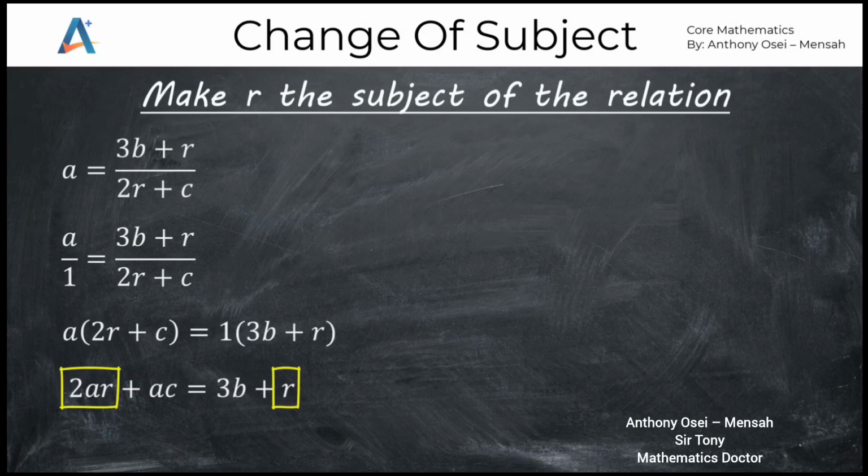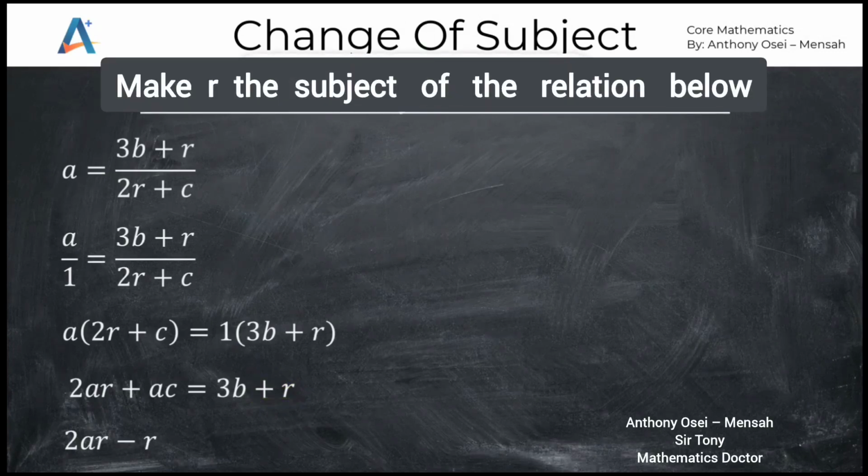So we'll group the terms containing the subject to one side. Already there is one term here, so 2ar. I prefer the right hand side. Then I'll transfer positive r to the right hand side of the equal sign. Once positive r crosses the equal sign, it becomes negative. So minus r. I am done with all the terms containing r, so I'll close it with the equal sign.